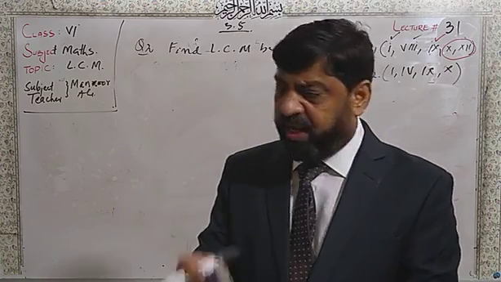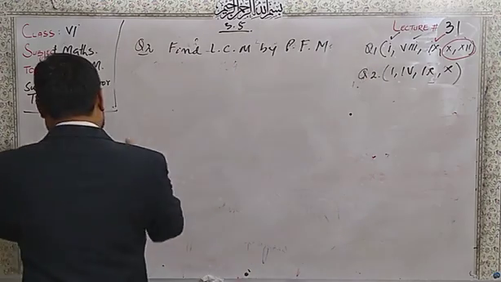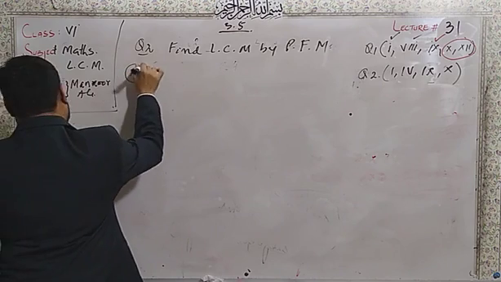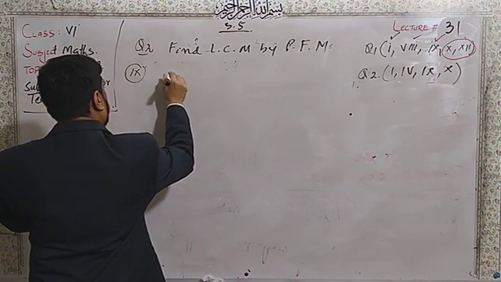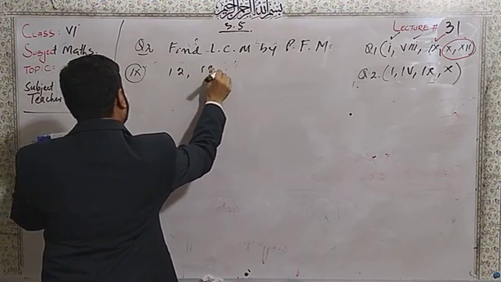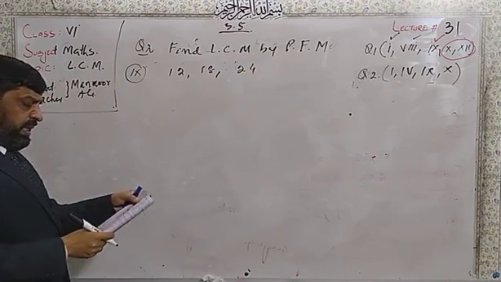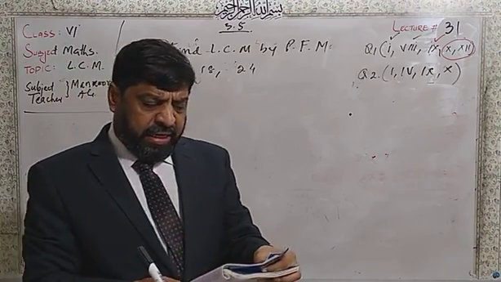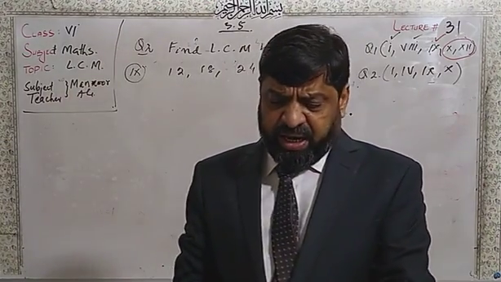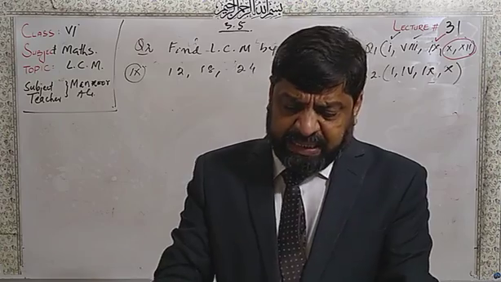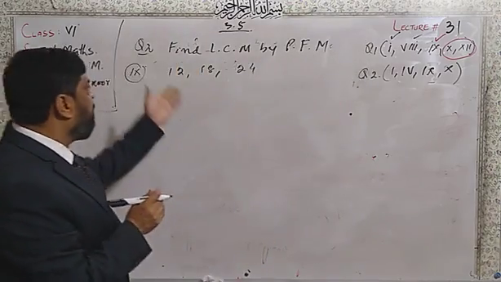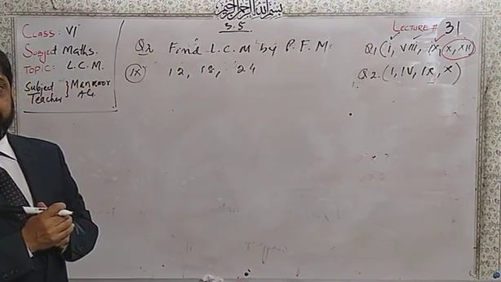Here, part number 9, that we are given here, that is 12, 18 and 24. Dear students, in this part we are asked the LCM by the prime factorization method.